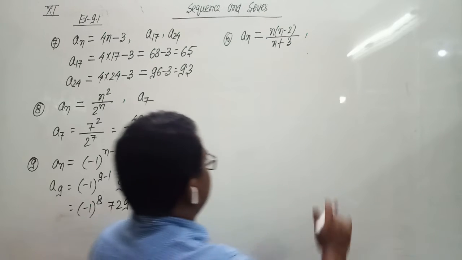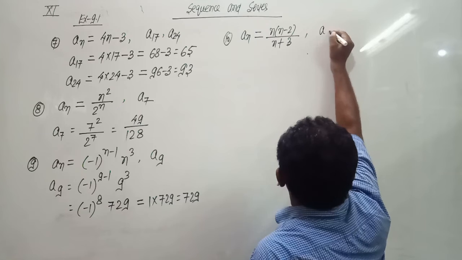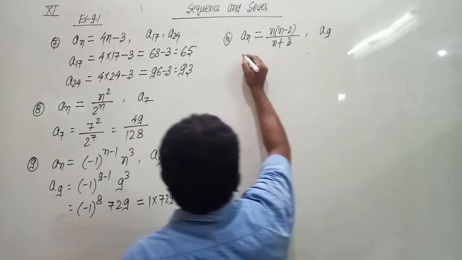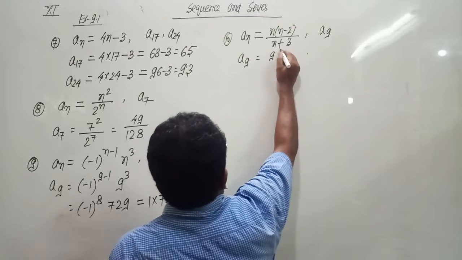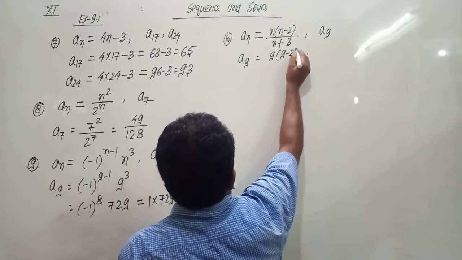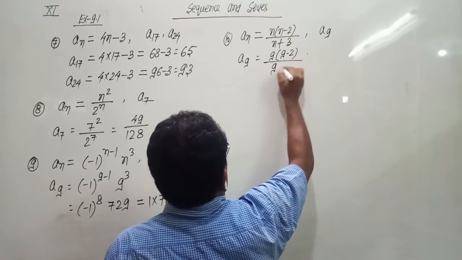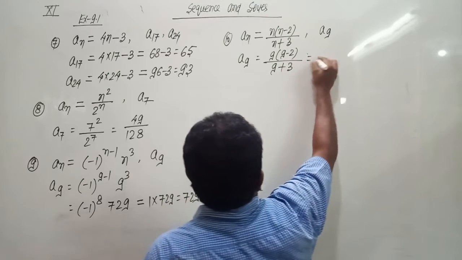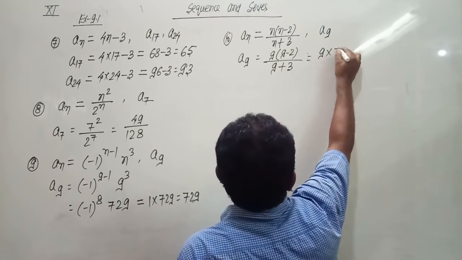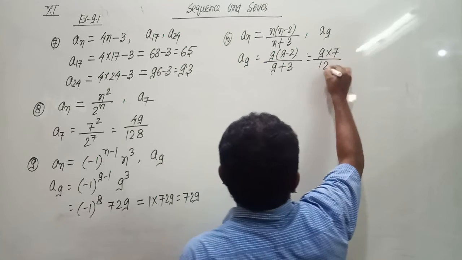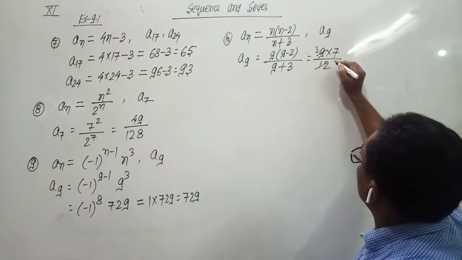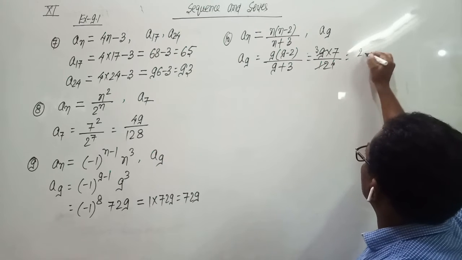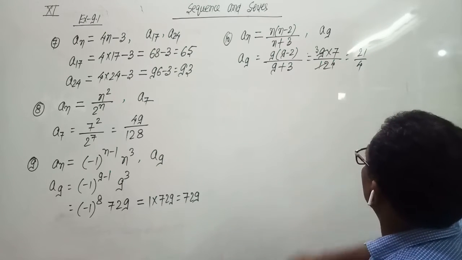We have to find A9. So put the value of n equals to 9. So A9 equals to 9 into 9 minus 2 upon 9 plus 3. So 9 into 7 upon 9 plus 3, 12. That is 3, 4, 7 into 3, 21 by 4.